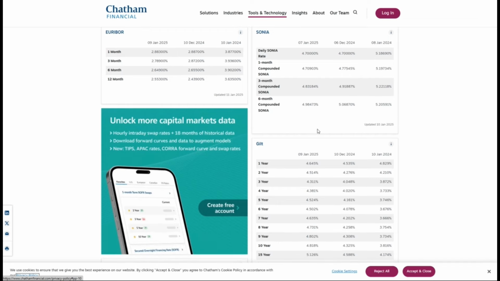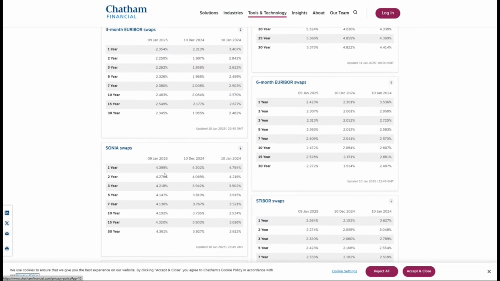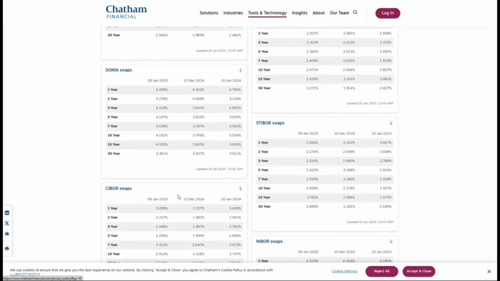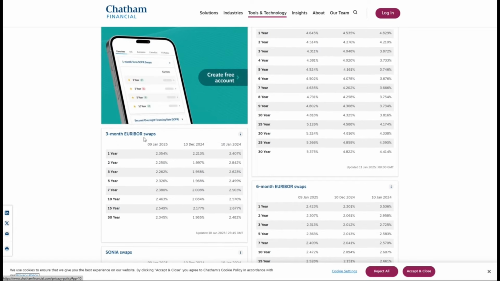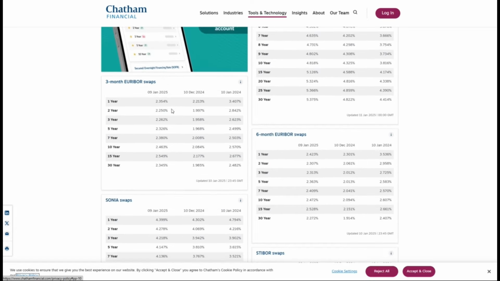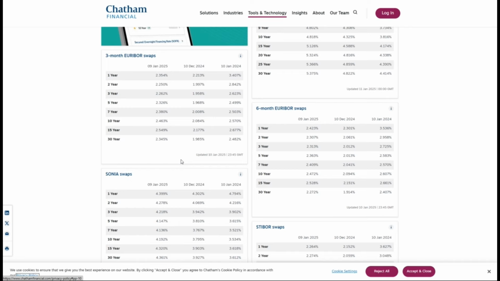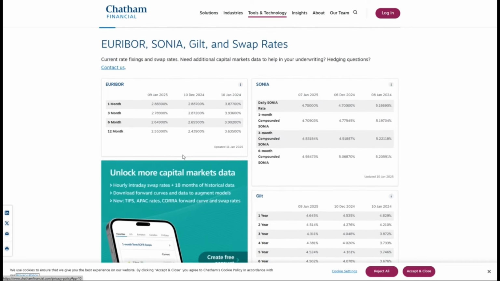Investors are skittish, they ask for higher yield. And the swap curve also, the 1-year swap curve is 4.3%. So they are asking for a higher premium, because the 3 months Euribor swap curve is 2.3%. It's 2% less. There isn't this problem.